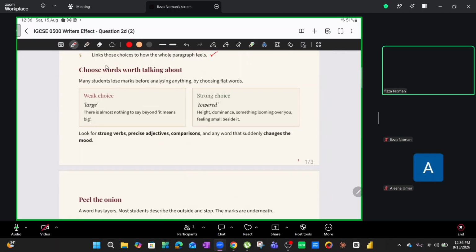In this case, obviously, you have to find the most specific word that fits the criteria best. So look for strong verbs, look for precise adjectives, look for comparisons, any word that suddenly changes the mood. Does that make sense, beta? They actually tell you how this specific thing is a little different generally from other generic things. Make sense, beta?